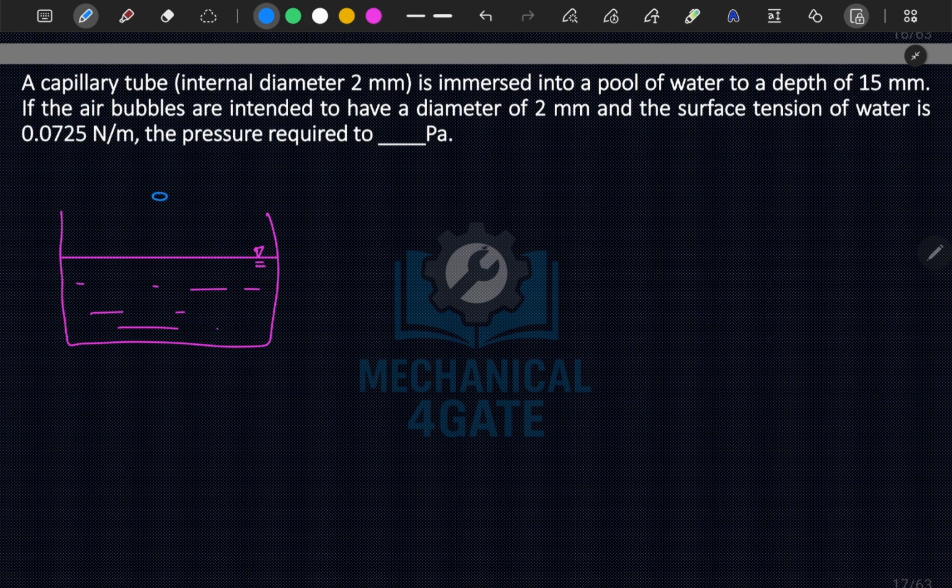So this is your capillary tube, immersed 15 mm. Let's say this is your H, H equal to 15 mm depth.